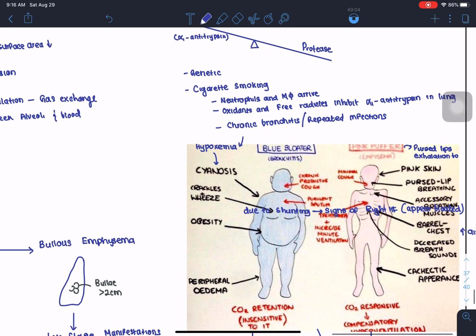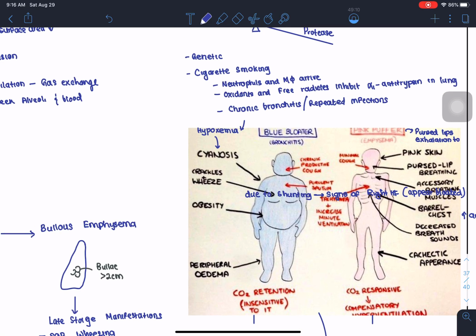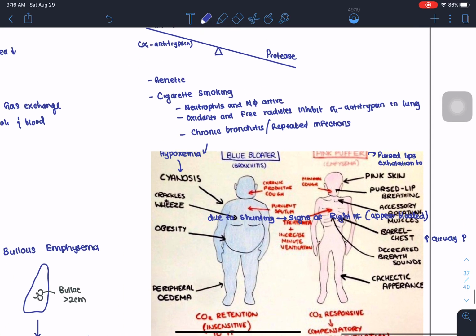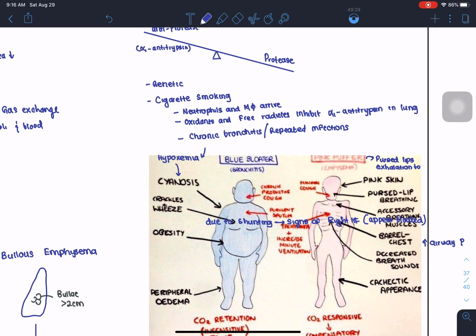So it can be genetic or it can be due to cigarette smoking. Cigarette smoking causes the release of neutrophils and macrophages because there is going to be inflammation of the lungs. There is going to be irritation of the lungs and there will be an inflammatory reaction, and these will produce oxidants and free radicals that will inhibit the alpha-1 antitrypsin in the lungs.